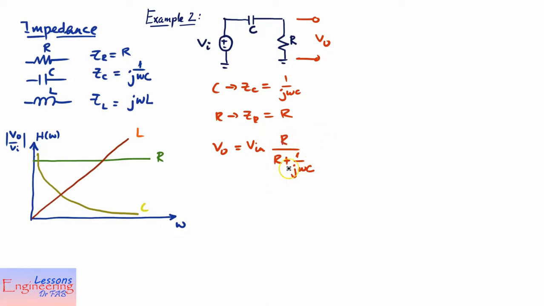So this can be simplified as follows: V out equals V in times j omega CR over 1 plus j omega CR. We are interested in the ratio of the voltage out to the input.